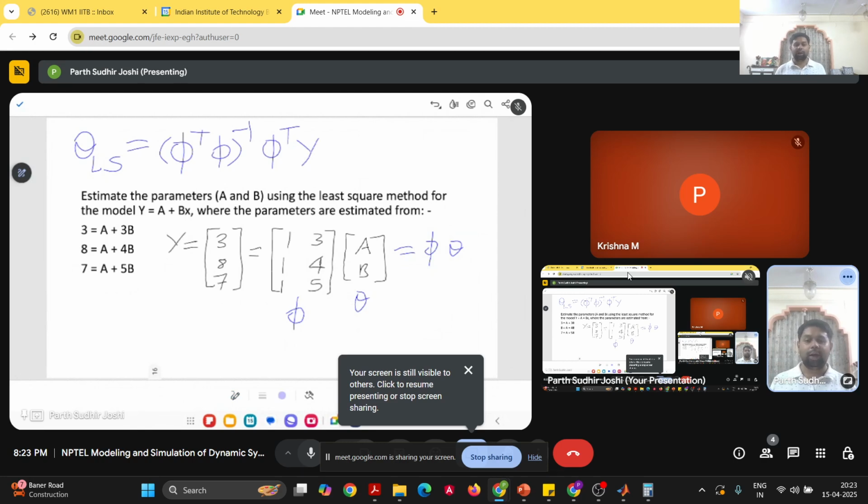So we have this direct formula to get the value of the least square estimate of this parameter. We have to just multiply the matrices, so phi transpose phi.